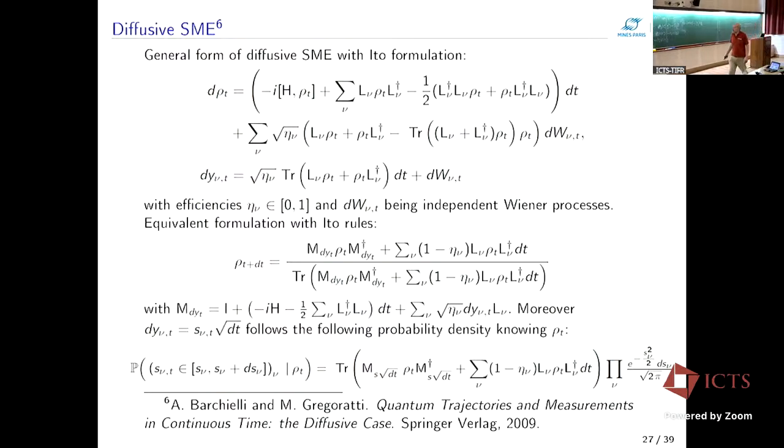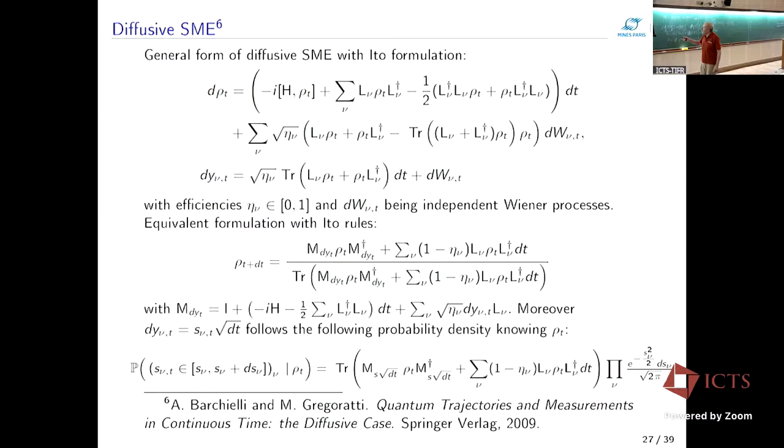What is nice is that with Ito rules, I can write this equation like this. It is exactly like here, but in this sense. I have a partial Kraus map, where the M depends on the measurement outcome, and I divide by the trace.